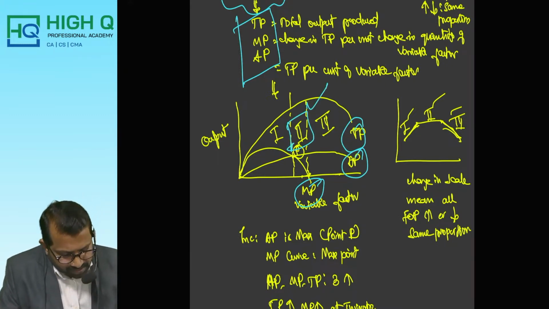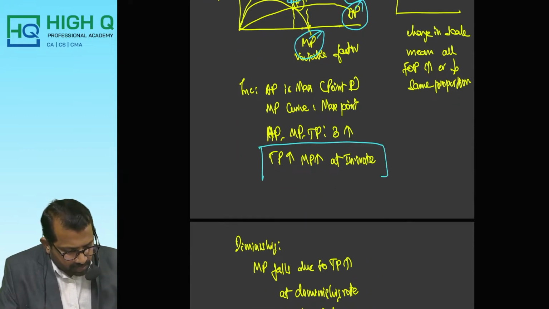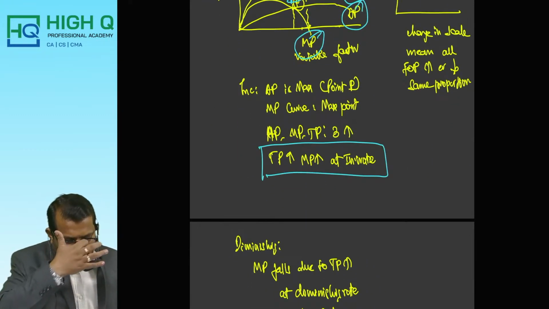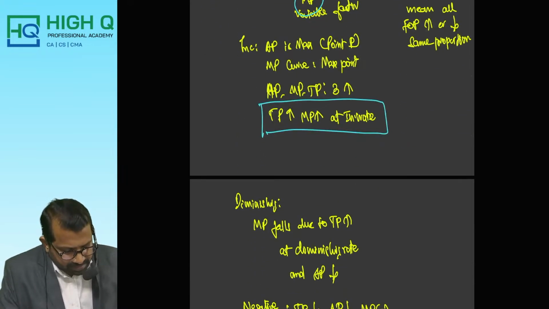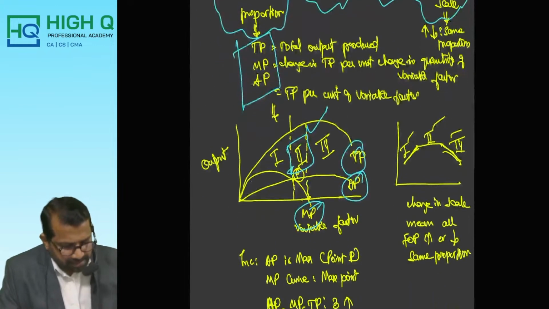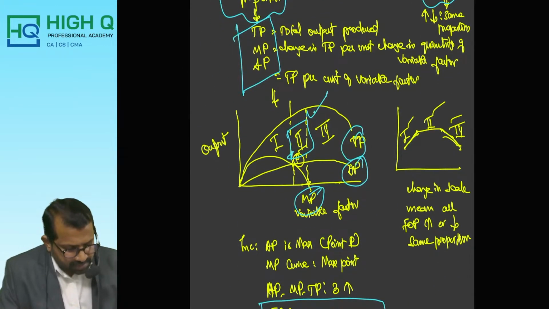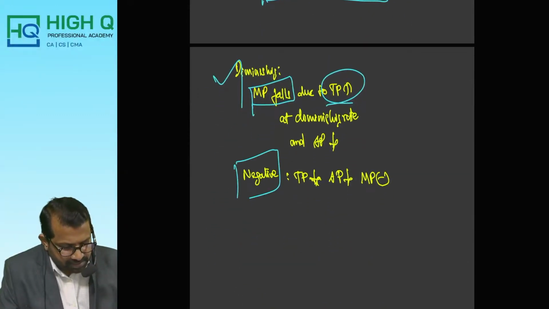In the first stage, total product, marginal product, average product all start to increase. But in the second stage, marginal product falls, the diminishing stage, while total product increases. Due to this, marginal product starts to fall. At one stage it becomes negative, the third stage, the negative stage.